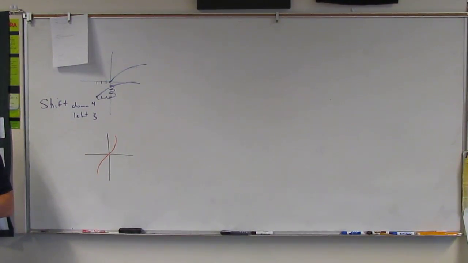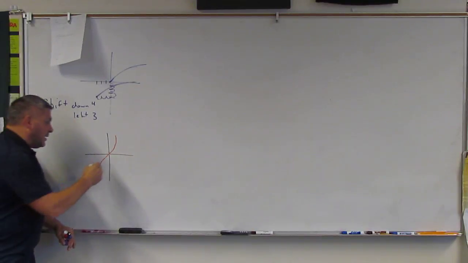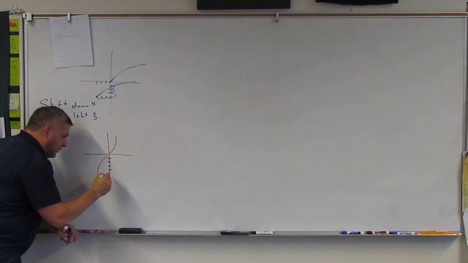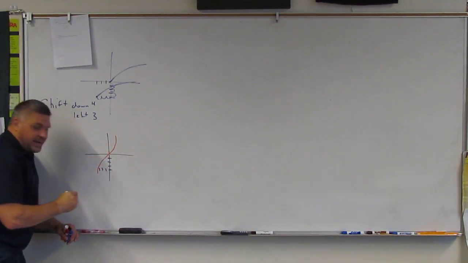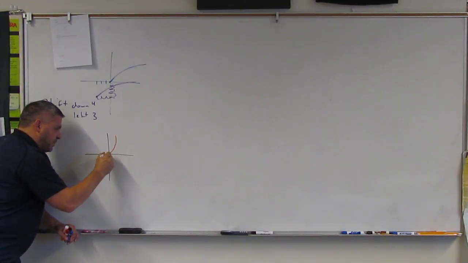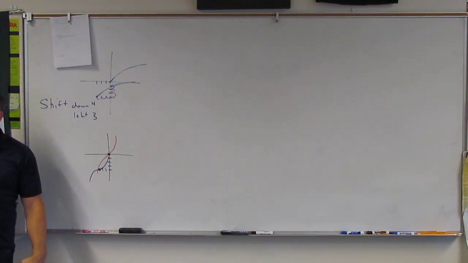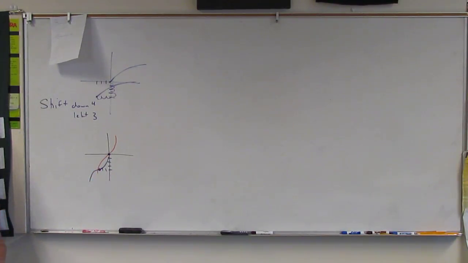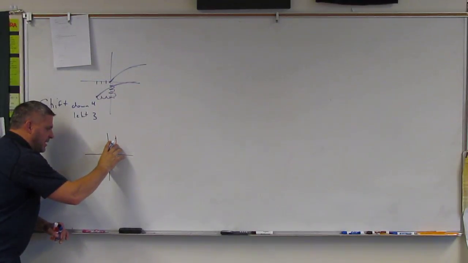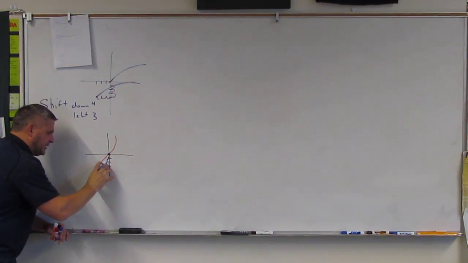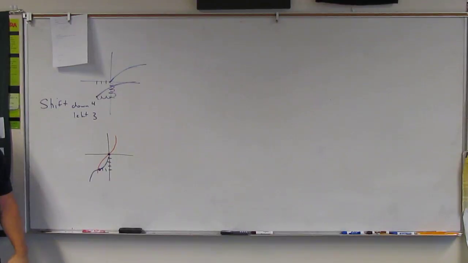Down 4 and right 3, or left 3 would be 1, 2, 3, 4, 1, 2, 3, right? And I would take this point and put it right there. And so it would be going up and it would be going down. That's it. I'm taking this graph, moving it down 4 and right 3. That's it. Does that make sense now?